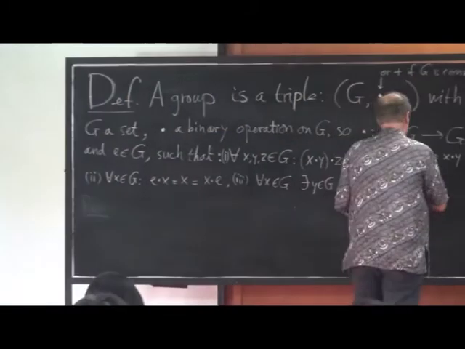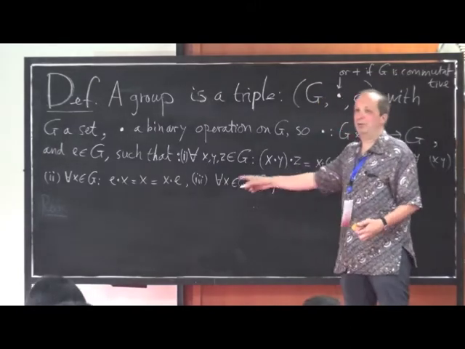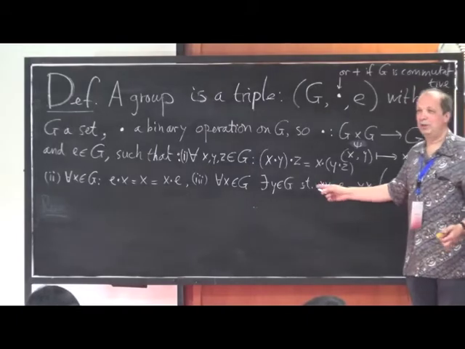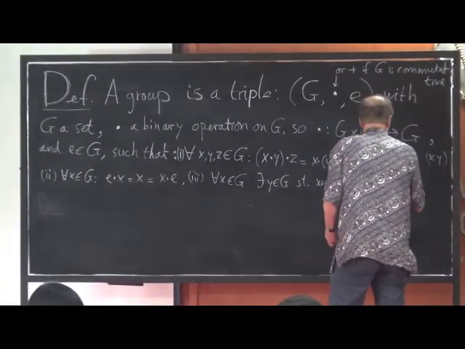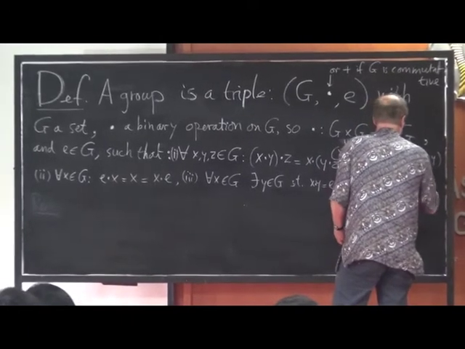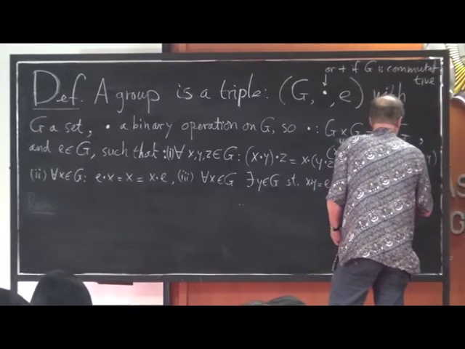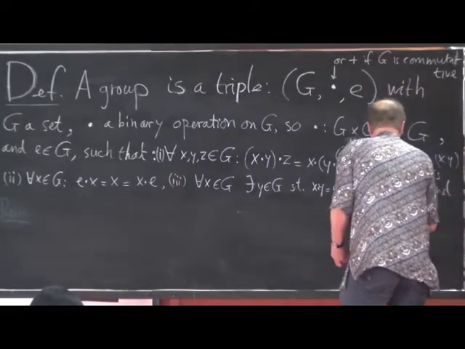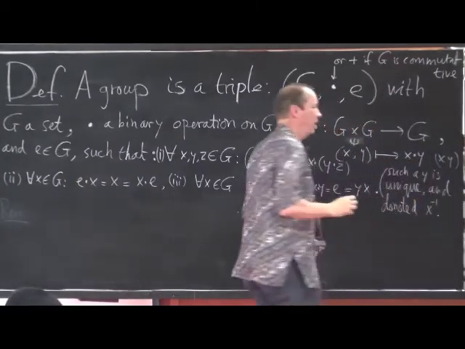Here I could say, if you look at this, for every x there is y such that x times y and y times x are equal to e, then such a y is unique, and it is denoted x to the power minus 1, x inverse.